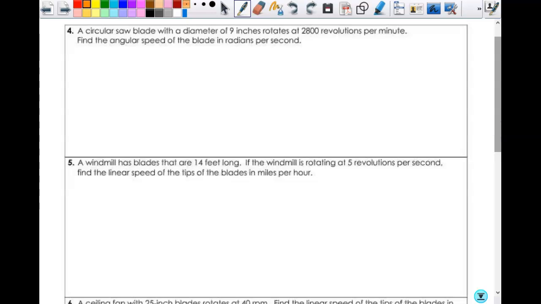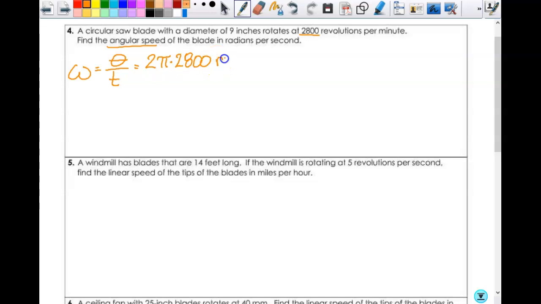All right, so number 4, a circular saw blade with a diameter of 9 inches rotates at 2,800 revolutions per minute. Find the angular speed of the blade in radians per second. So they're not even asking me for linear here, just angular. So I can just find angular and stop. So omega is equal to theta over t. Theta is 2 pi times the number of revolutions, which is 2,800.